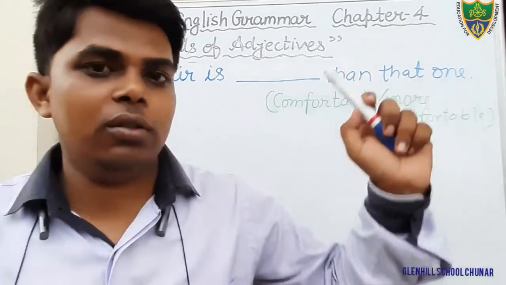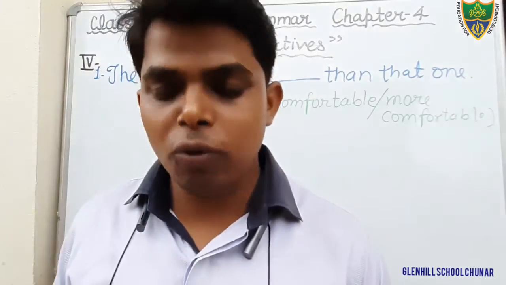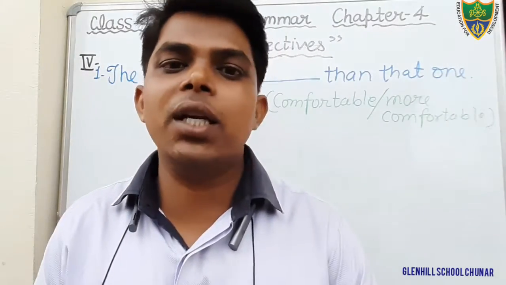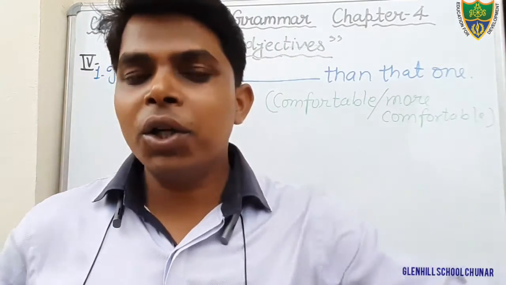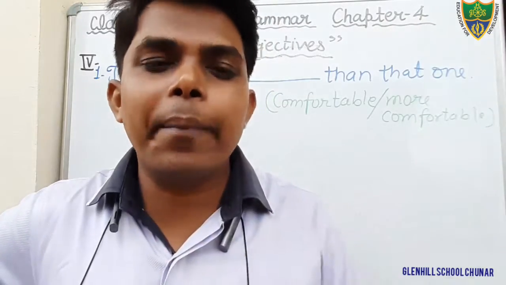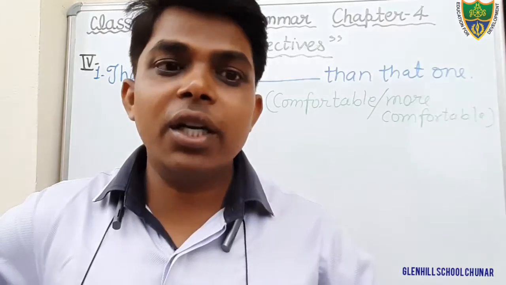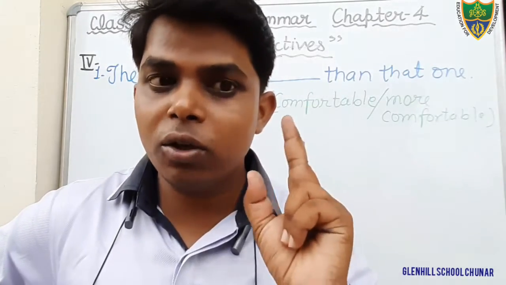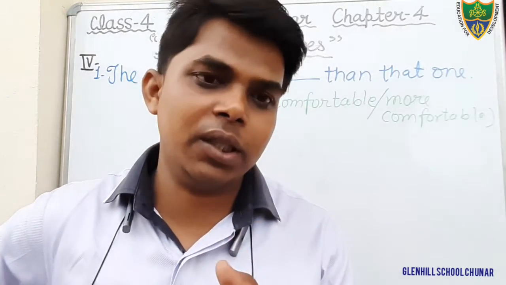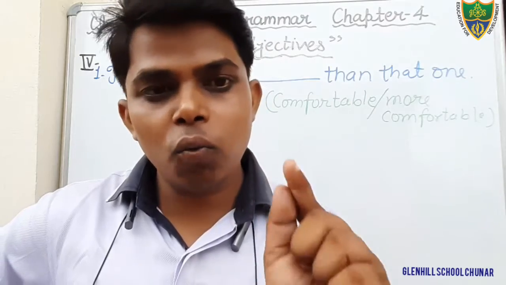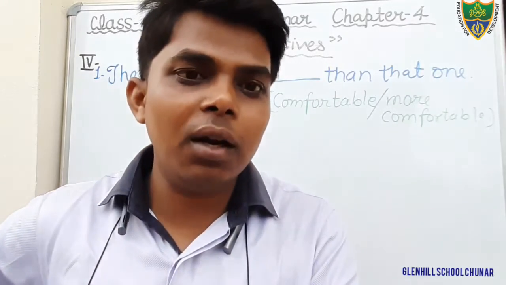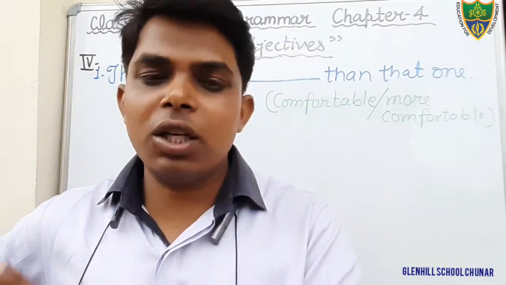... than that one. Dear students, I have told you while teaching the degree of comparison that in the positive degree there is no comparison at all. In the comparative degree there is comparison between 2 objects or 2 people. Here we compare one person with another person, or one thing with another thing.